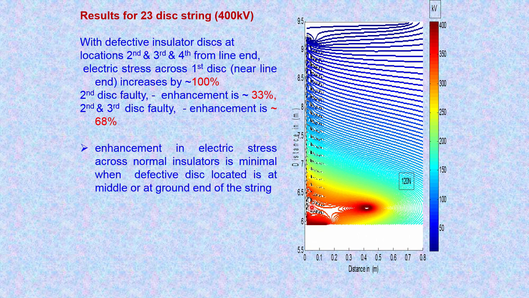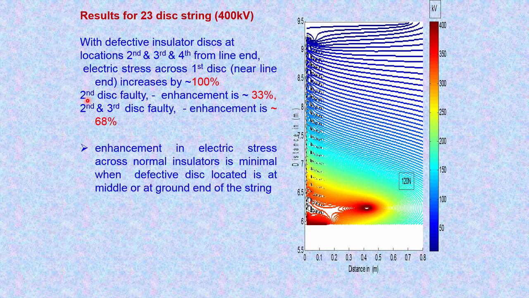This will hamper the performance of the insulator, where the insulator is likely to shatter or there could be a failure, or the entire string flashover could happen. So, this gives an idea if there are faulty discs, that has to be immediately rectified. Similarly, fault locations have been chosen arbitrarily, and we have tried to estimate the effects of the faults for various string configurations.